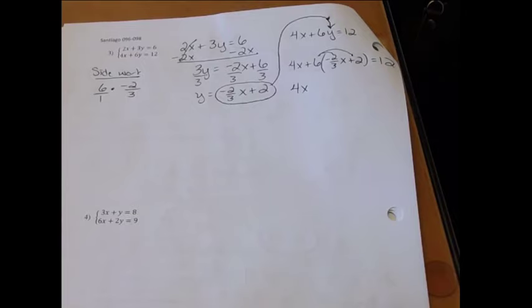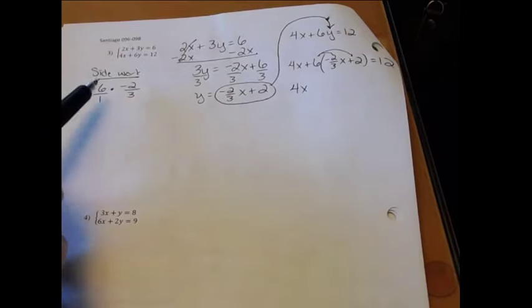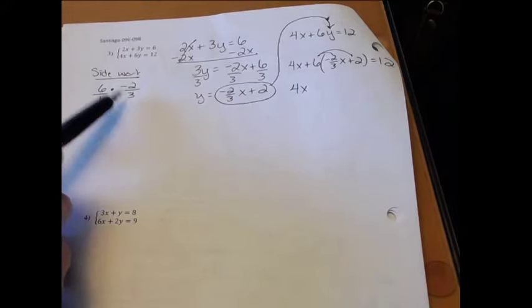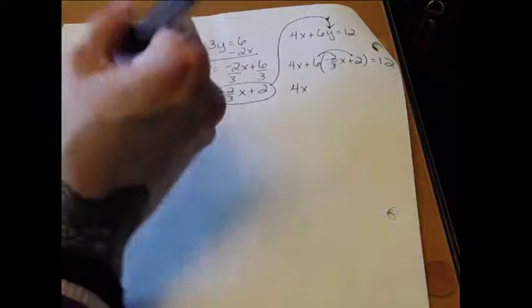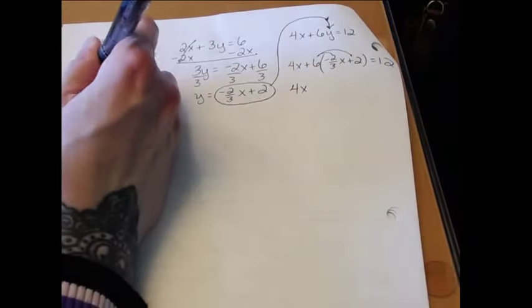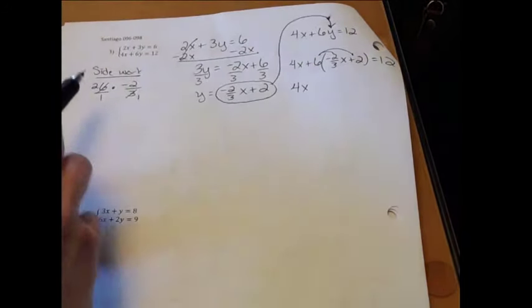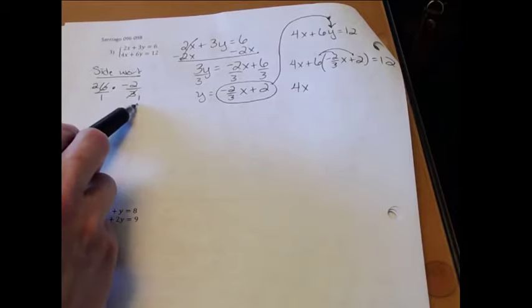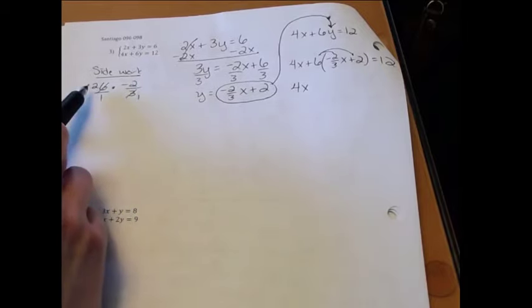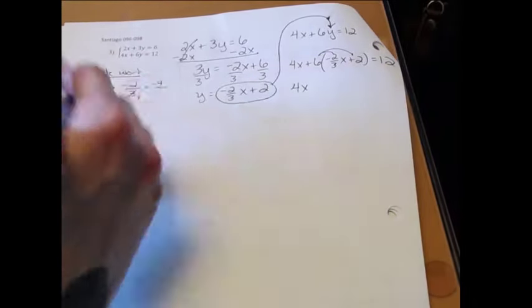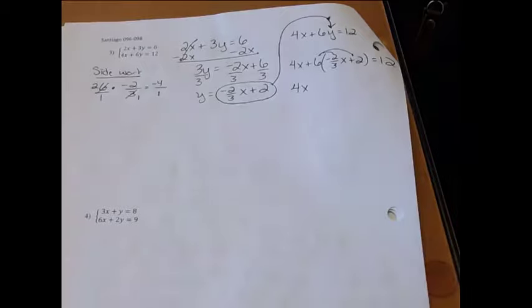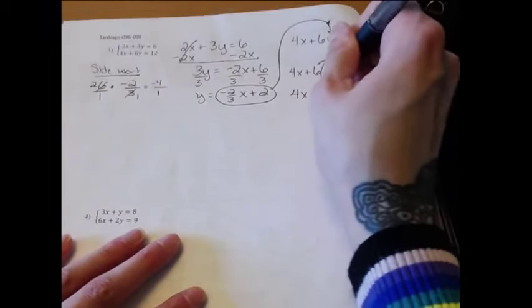When we multiply fractions, we're allowed to reduce. Notice we have a 6 here and a 3 here. We can divide out a 3 from both the numerator and denominator. That leaves us with a 2 here and a 1 here. When I multiply straight across, I get 2 times negative 2, which is negative 4, and 1 times 1, which is 1. So this is simply minus 4x.